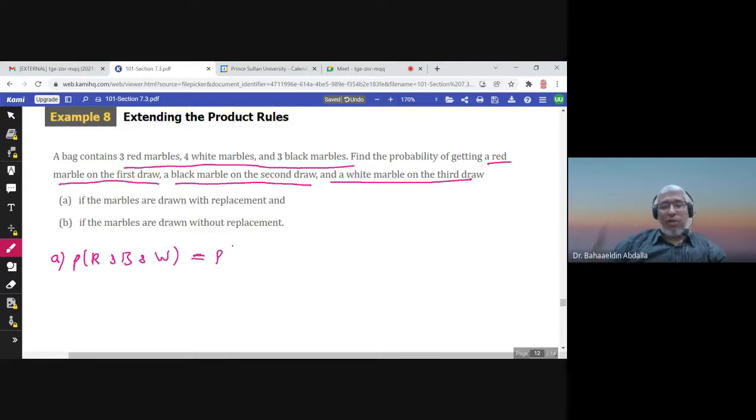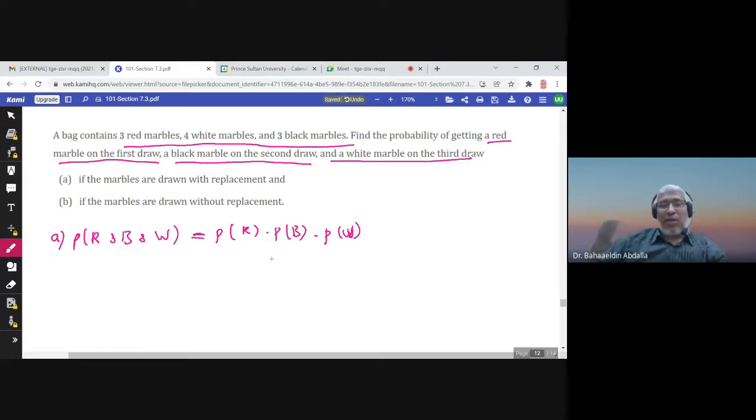So it would be the probability of red times black times white because they are independent. Selecting a ball in the first does not affect the probability of selecting a ball in the second because the experiment is with replacement.